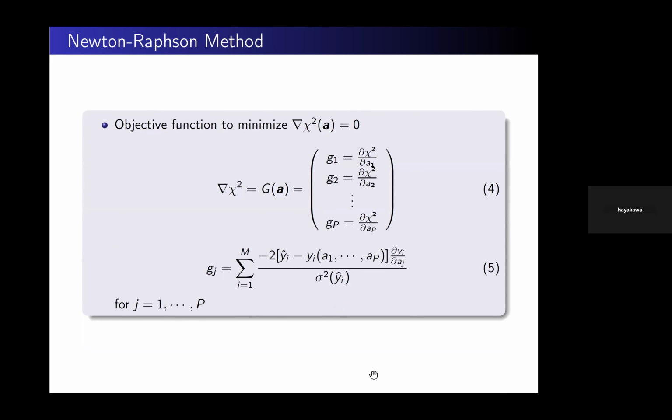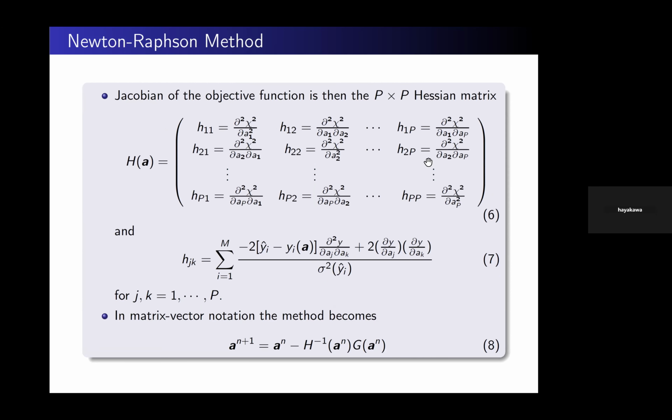So in our case, we're trying to minimize the chi-squared. So we're looking to find when the gradient of the chi-squared is 0. So the gradient is this vector here. I give all the details here. It's straight differentiation. It has dimension of the parameters that you're looking for here. So we have P parameters we're looking for. And because we're using that Newton-Raphson, that's the function, we need to take the derivative.